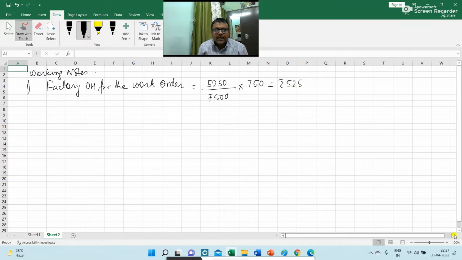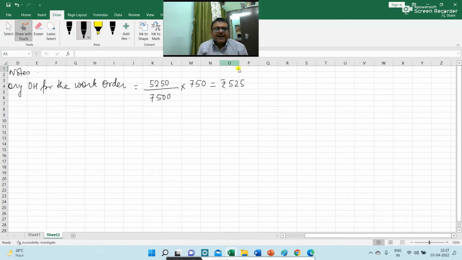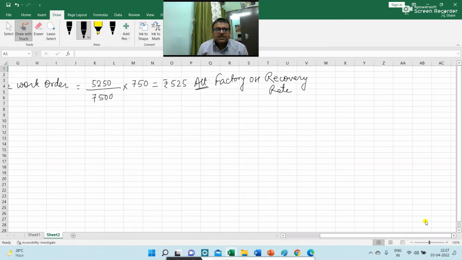Alternatively, you can calculate the factory overhead recovery rate first. So factory overhead recovery rate is given in the question that factory overhead will be recovered as a percentage of wages. So 5,250 divided by 7,500 into 100. Now this is 70%.